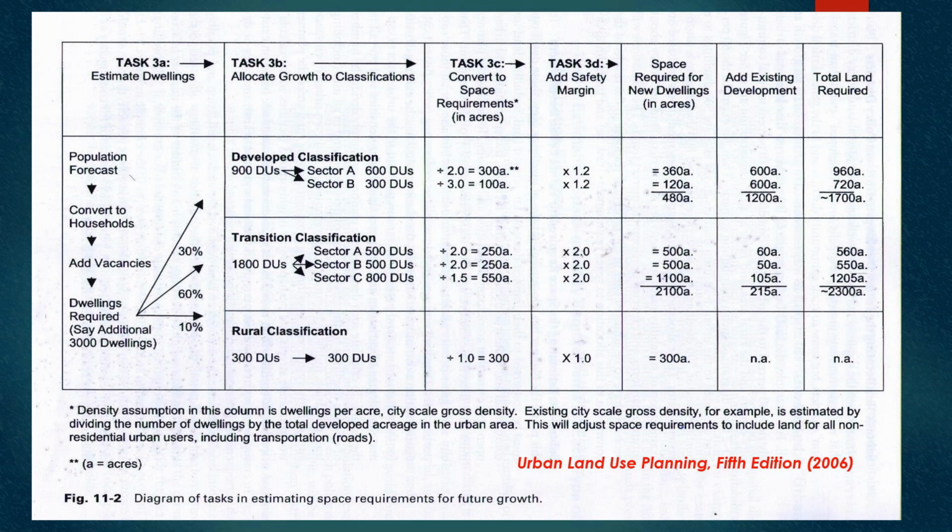Then you want to estimate your actual space requirements for those dwelling units based on those land use designations. You always want to adjust upward using a safety margin to provide for flexibility and choice, but also to avoid limiting land supply. This will result in the space required for new dwellings, which you then add to the existing development to calculate the total land required.